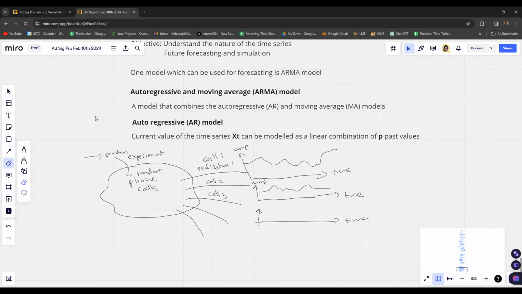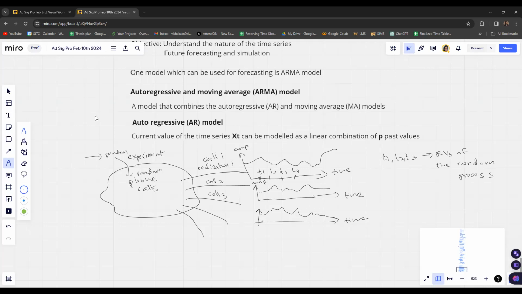The amplitude I'm taking as a plus value. So each of the time instances T1, T2, T3, T4 are random variables in this process, right? I hope you can remember T1, T2, T3. All these are random variables of the random process.